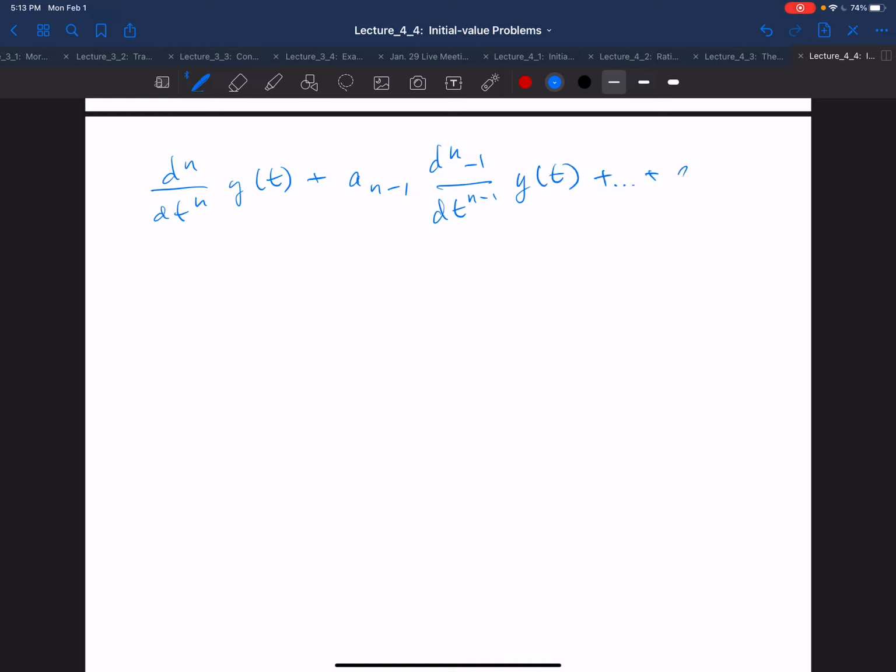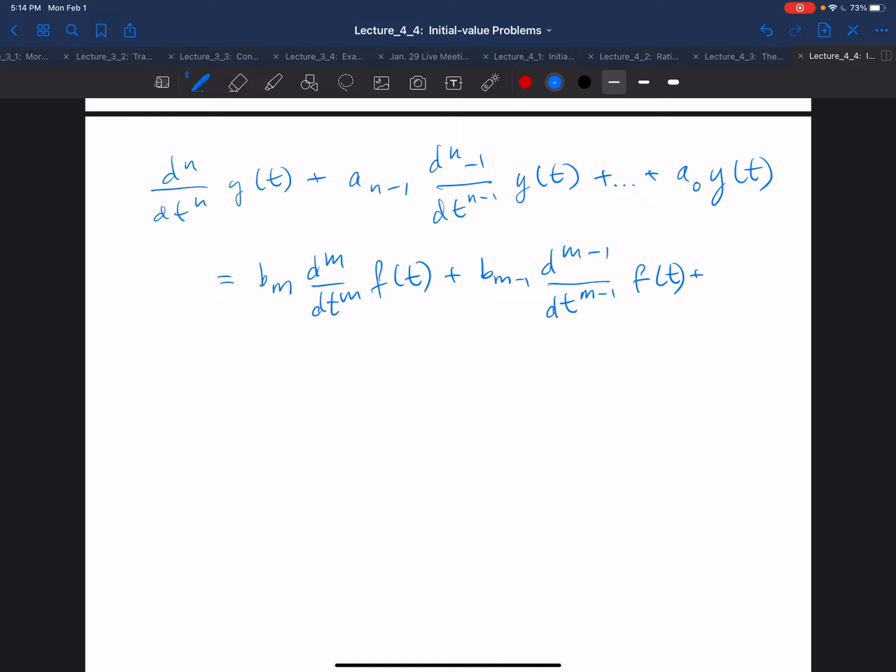We could write them on one side of the equation if you like. And then we have similar terms involving what we've been calling a forcing function, which for natural scientists might be a given. But again, in engineering, often we need to find an f(t) that gives us a y(t) with certain desirable properties. And that's why we need to go beyond the techniques that we've seen so far.